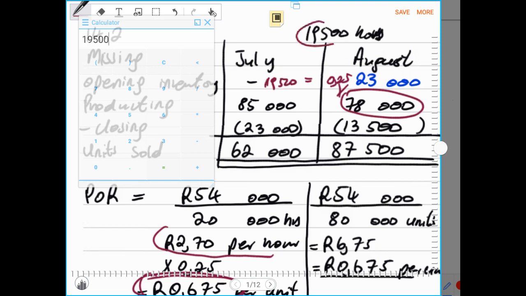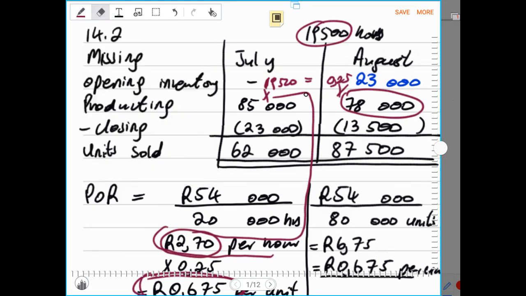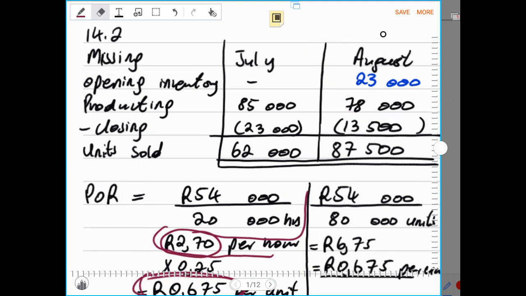I've calculated it, it's still there on top. Therefore, we say 19,500 hours times the rate per hour, 2 rand 70 per hour. That will give you the same 52,260.